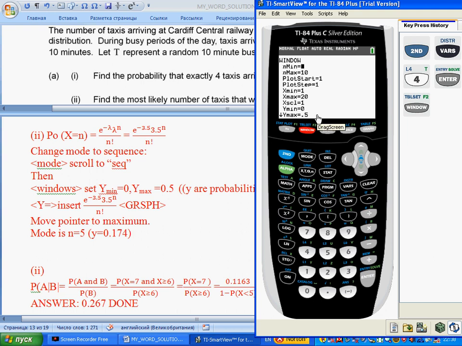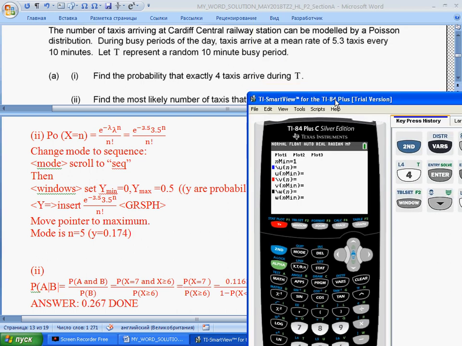So n starts from 1. Okay. Till, let's make it 100. And now we go to y. This time y will look different, as for a sequence. And we insert this term of the sequence.